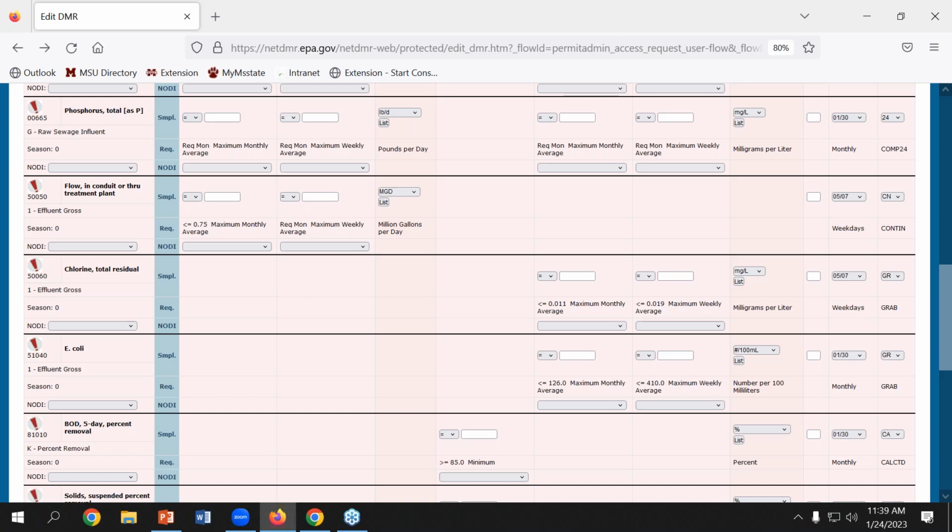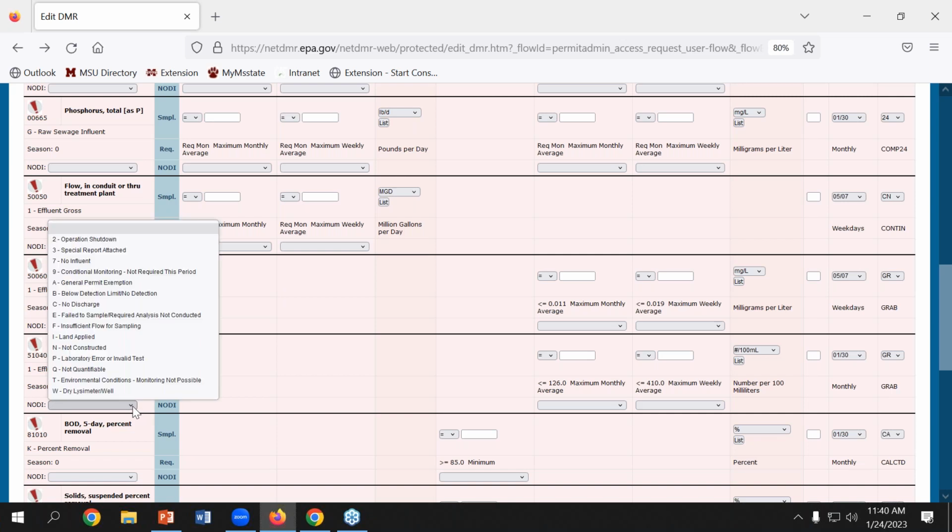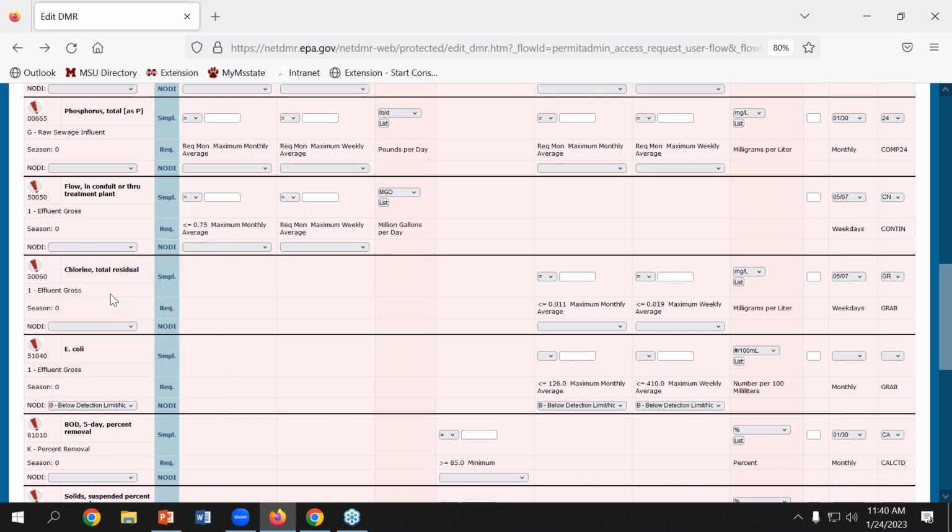So under E. coli, we're going to click on NODI, and then we're going to check B, below detection. And that's how you report a number that's below the level of detection.